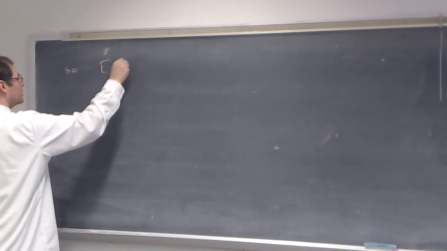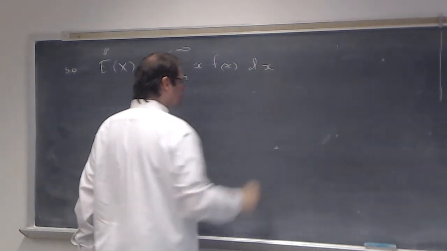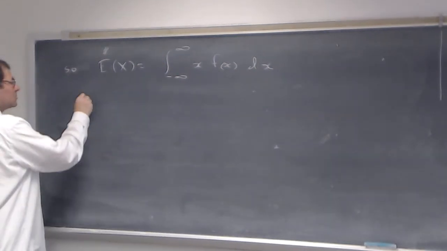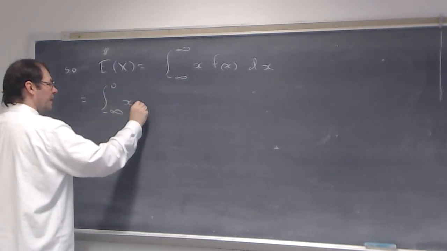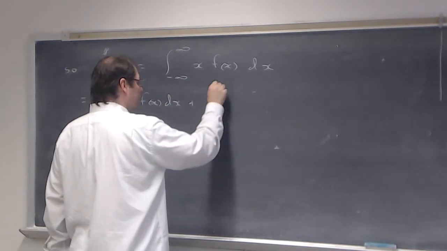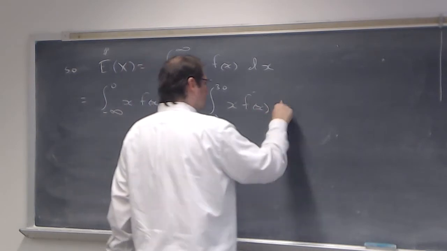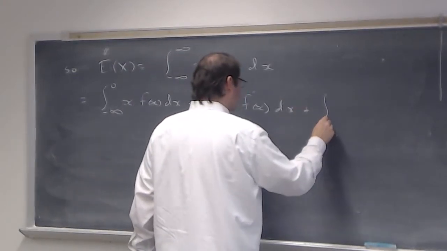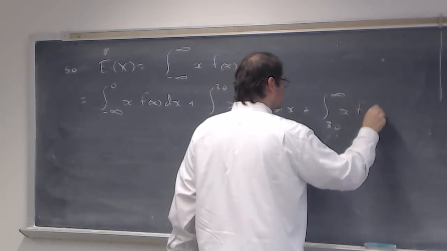So the expected value of x will be equal to the integral from minus infinity to infinity of x times f of x dx. Now, this is equal to, really, the integral from minus infinity to 0 of x times f of x dx plus the integral from 0 to 30 of x times f of x dx plus the integral from 30 to infinity of x times f of x dx.